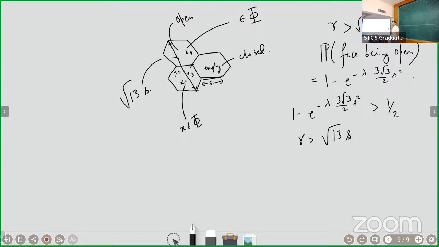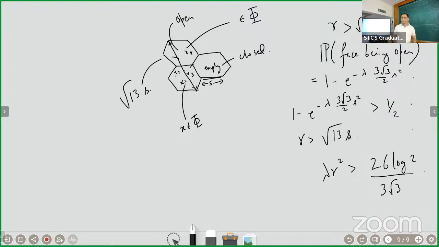These two conditions are essentially sufficient. So eventually, if you put them together, you get lambda r square greater than 26 divided by something, just putting these two equations together.